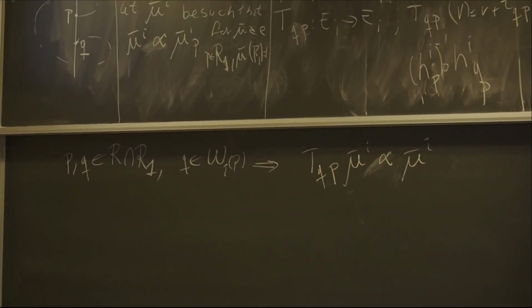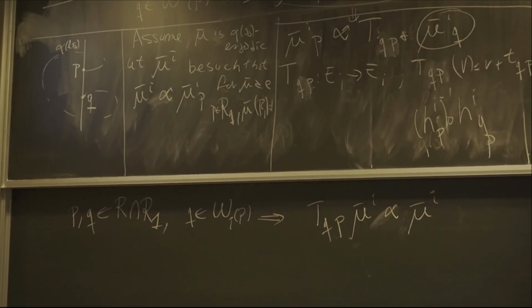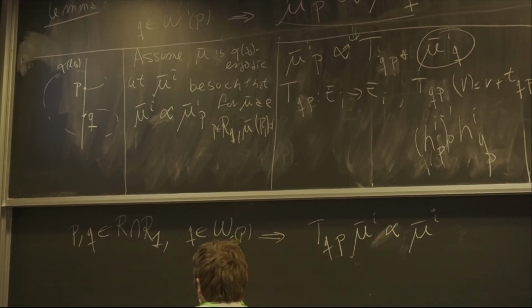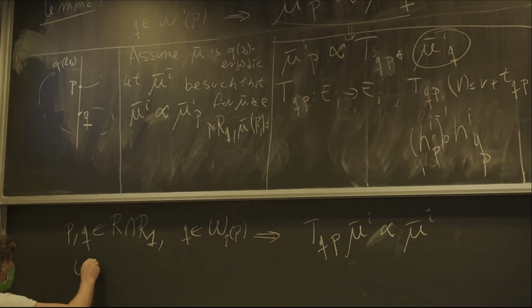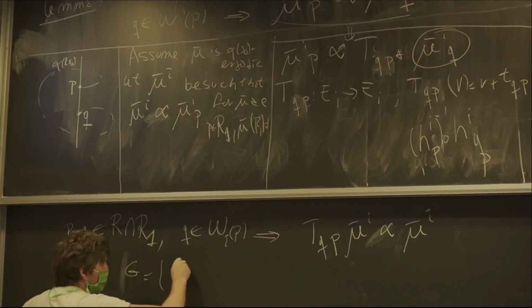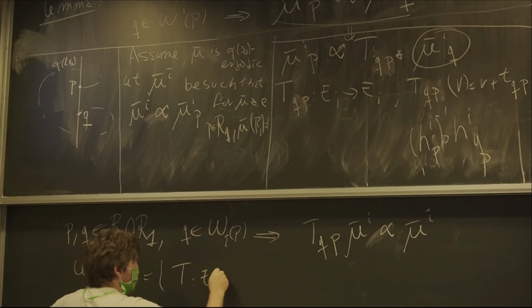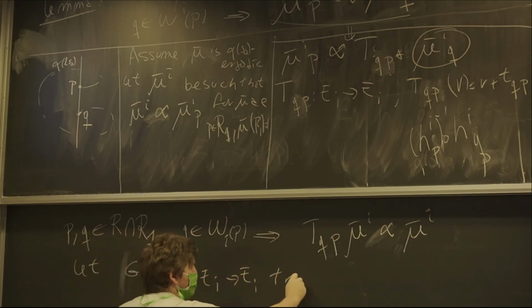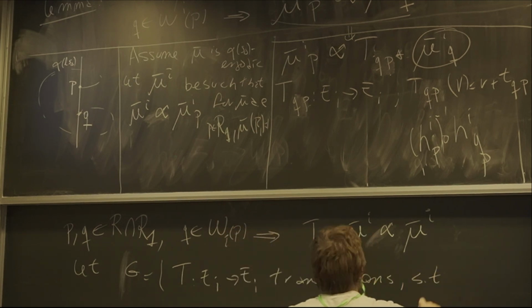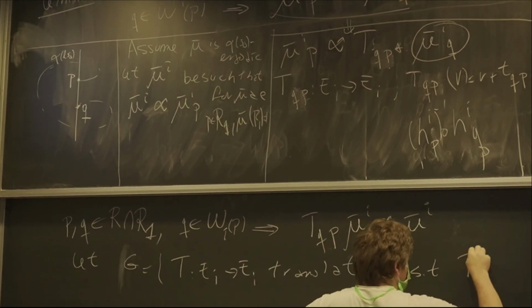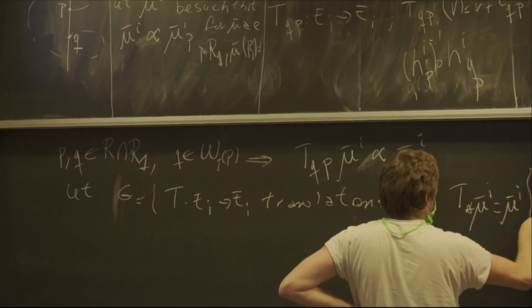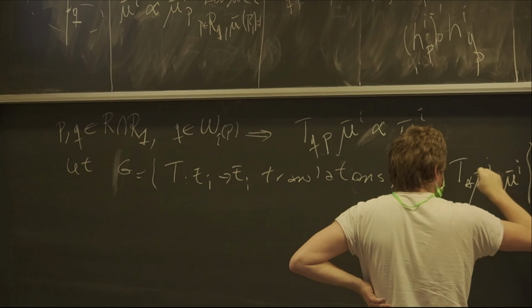So we know what happens with measures invariant by translations. Now, let G be all the translations T such that T star mu bar I is equivalent to mu bar I.